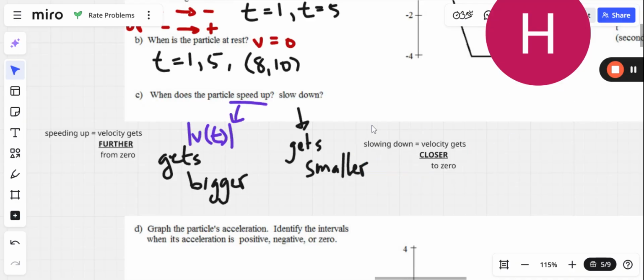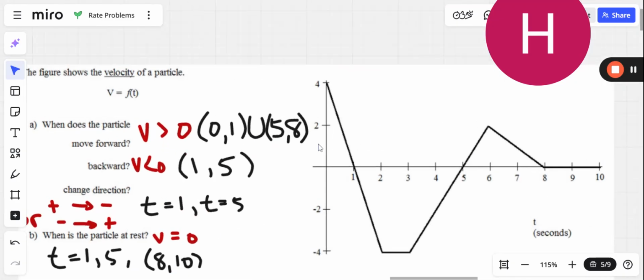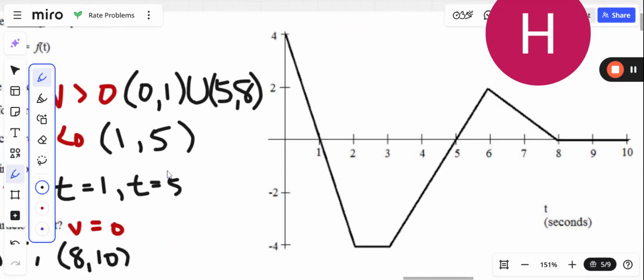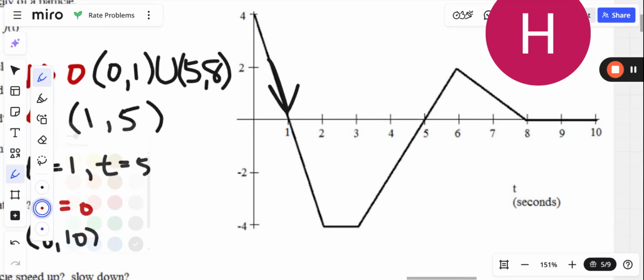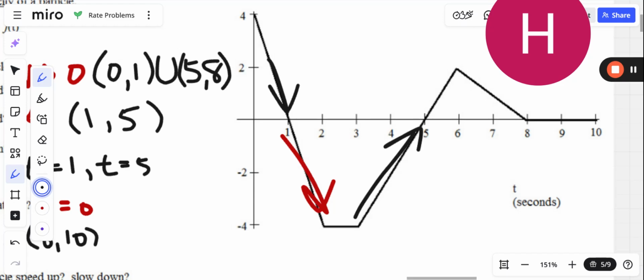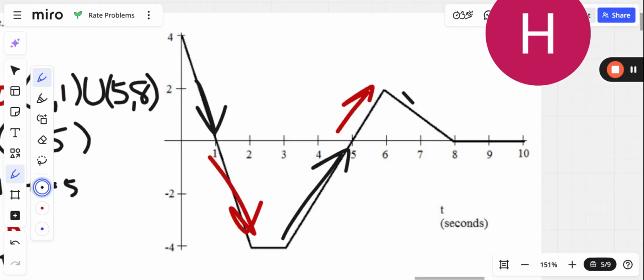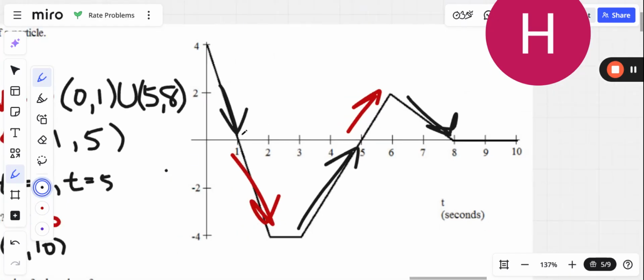So if we just look at that, it's pretty easy to tell when it's going closer to 0, right? When is it going towards the x-axis versus when is it going away from the x-axis? And then here again, it's going towards the x-axis, and it's going away, and it's going towards. See that? So the black moments are when it's getting slower because the speed and the velocity, therefore the speed, is going to 0.